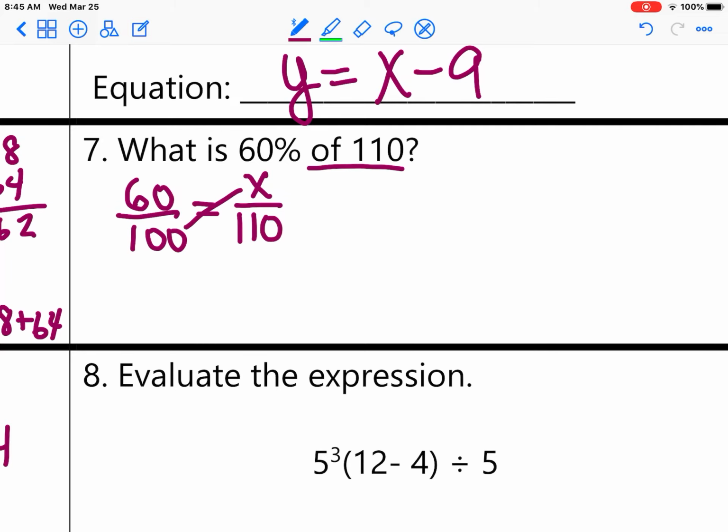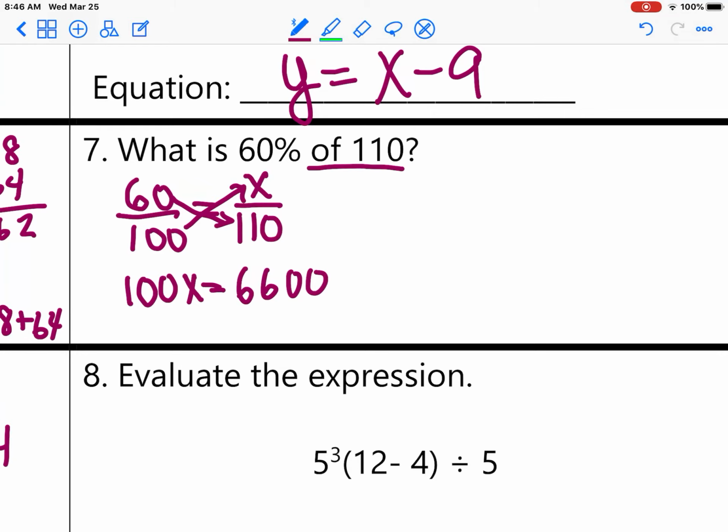If we do that, we get 100 times x is 100x. And 60 times 110, I feel like, is 6,600, right?